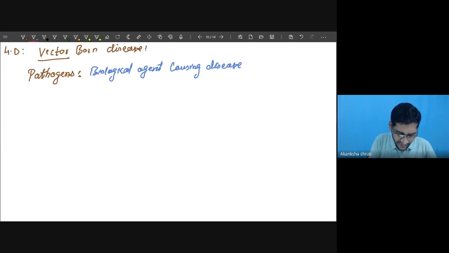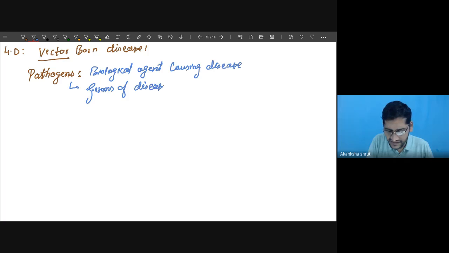These pathogens are nothing but the germs of disease. You may call this the germs of disease. Get it? Means if that germs get entered into the body, then the disease will occur.